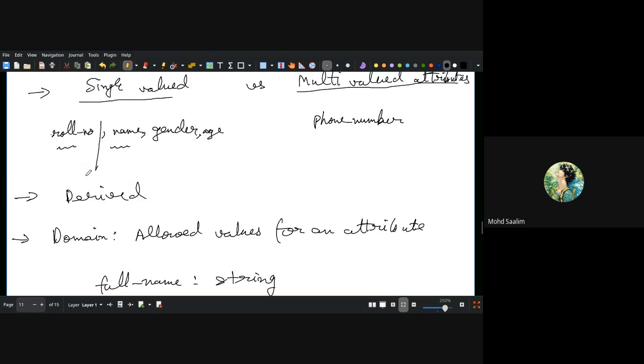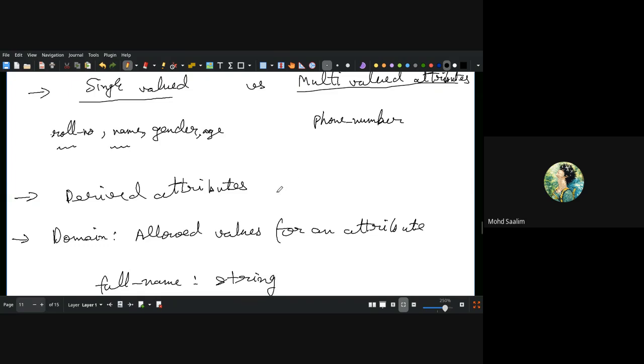There is one more type called derived attributes. Derived attributes are all such attributes that, as the name suggests, are derived. They are not stored in the database, but you use some function to derive them.